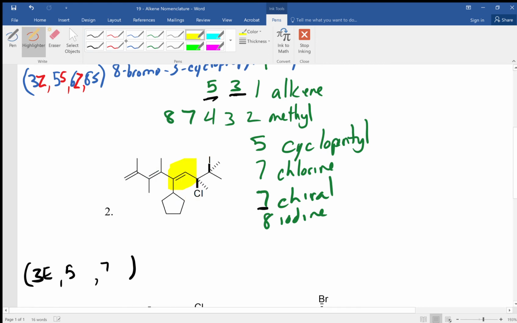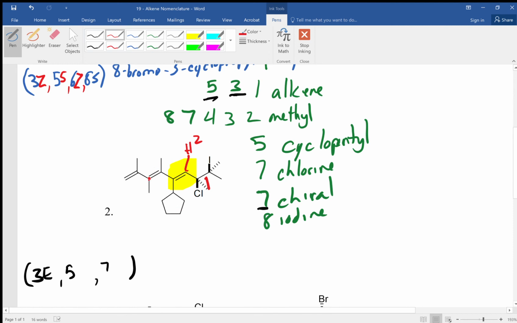Alright, our second alkene that needs the E or Z label, the one at carbon 5, the right side's pretty easy. One of the substituents is a hydrogen, which is always lower priority than anything. On the other side, though, we have a carbon here bonded to 2 carbons, carbon bonded to 2 carbons.